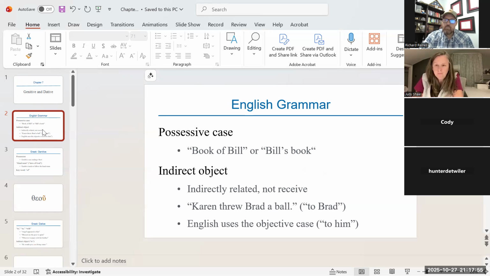But then in this sentence, Brad would be the indirect object because he is related to the action of the verb, but he's not the direct object. So if you wanted to simplify this sentence, you could say Karen threw a ball to Brad. That's the same as Karen threw Brad a ball. So to Brad fits, right? So you're going to translate the dative as to whatever, right?